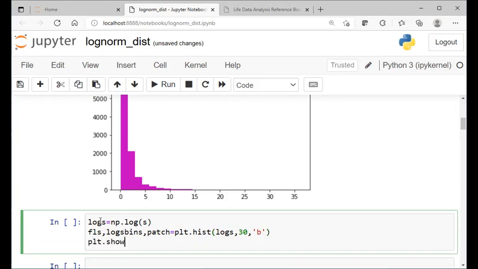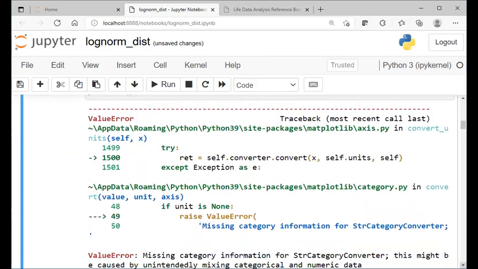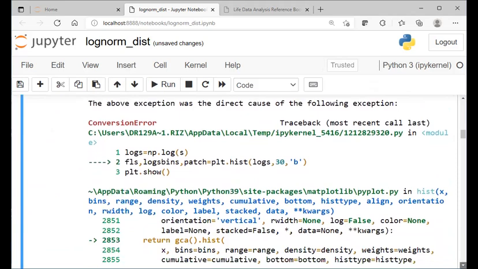And I will say plt show. My claim is that this will be a normal distribution. We have got an error.